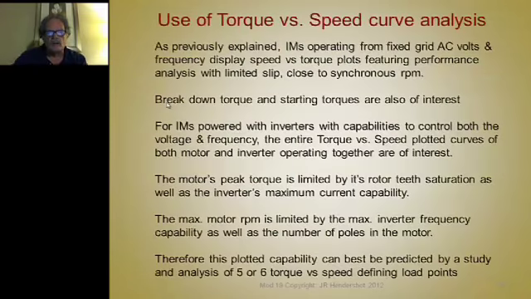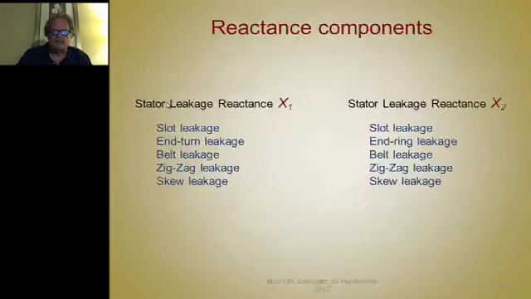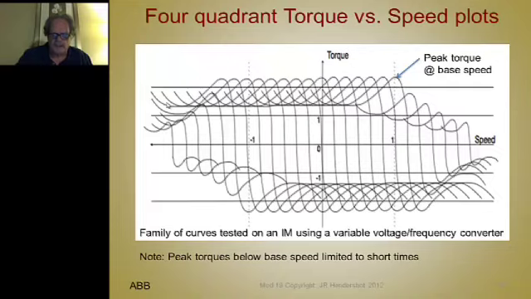As we said before, the use of the torque speed curves is very important. It defines the breakdown torque and the starting torques, of course, at fixed frequencies. So to determine what a motor and a drive together is capable of, you run enough of a family of the curves to define the envelope, like we saw in this view here.